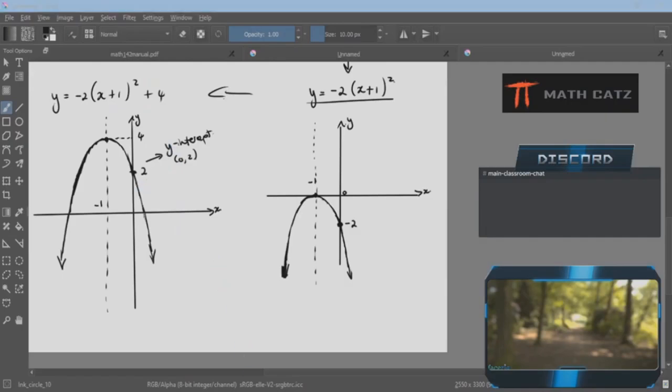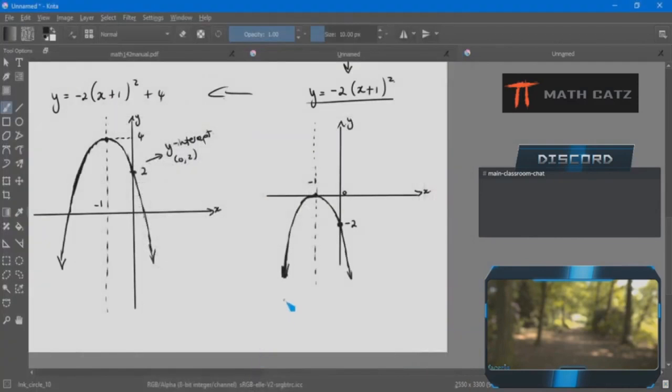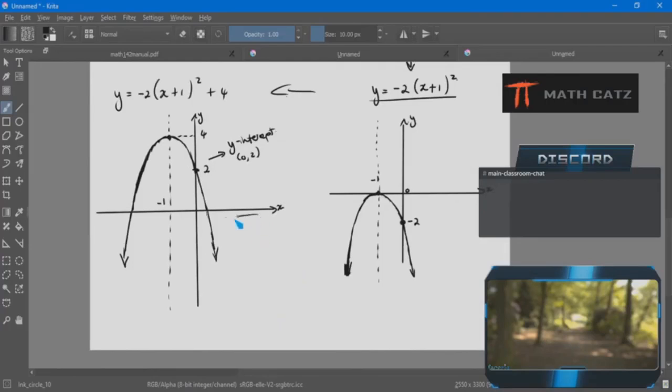In this case, it's 2. They also want to know the x-intercept. So let's see if we can squeeze that in somewhere. I think we can do it over here. X-intercept, or in this case, it looks as if we'll have 2 of them.